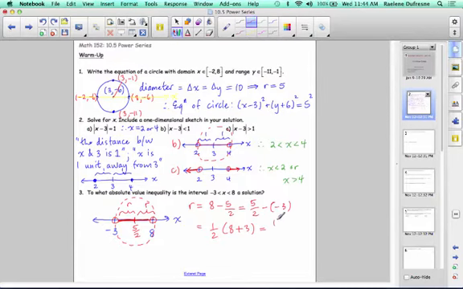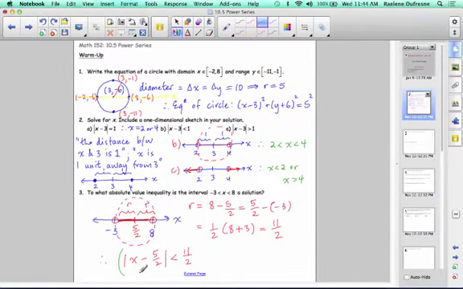So we get that the radius is 11 over 2. And so we can see that we have the inequality that we would have had to solve. The absolute value inequality is x minus the center, which is 5 over 2, which is less than, because we are between the boundary points, 11 over 2.